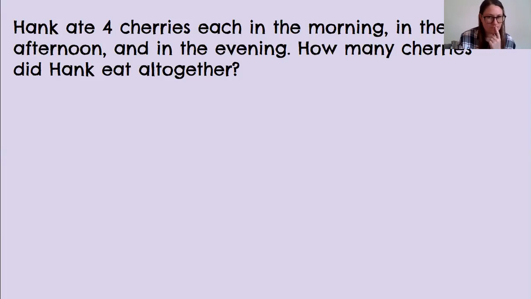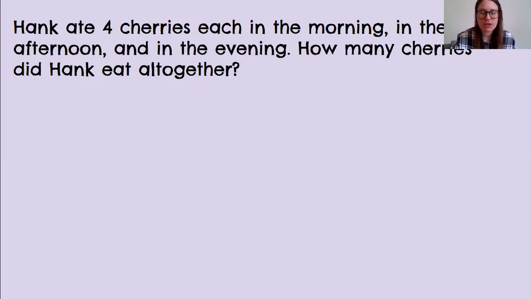Well, they don't tell us anything about rows or columns here. So let's see, how am I going to make equal groups? He ate 4 cherries each in the morning, in the afternoon, and in the evening. Well, that seems like 3 different parts, 3 different groups. And it says he ate 4 cherries each.